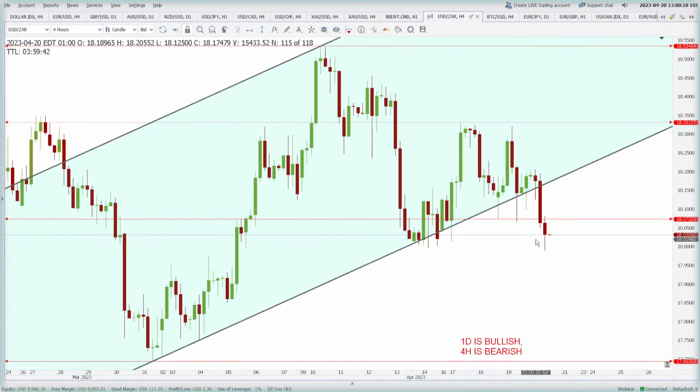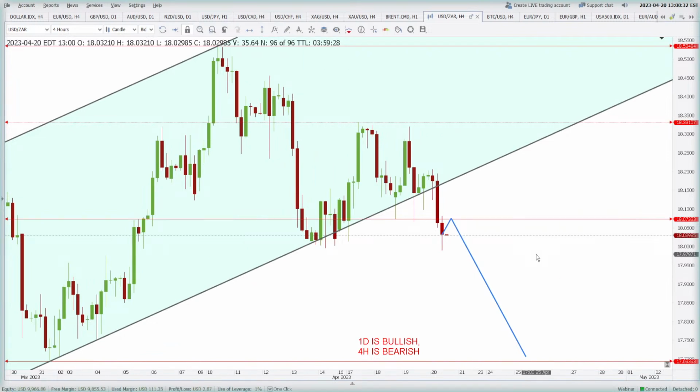So what we can expect now is a small move up, not consolidation, but we call it a pullback, something like this. Upside 18.0733 as the resistance, on the downside 17.6939 as the next support level.